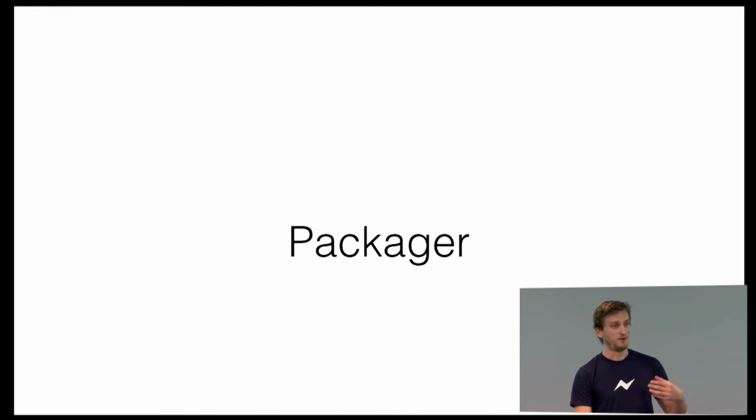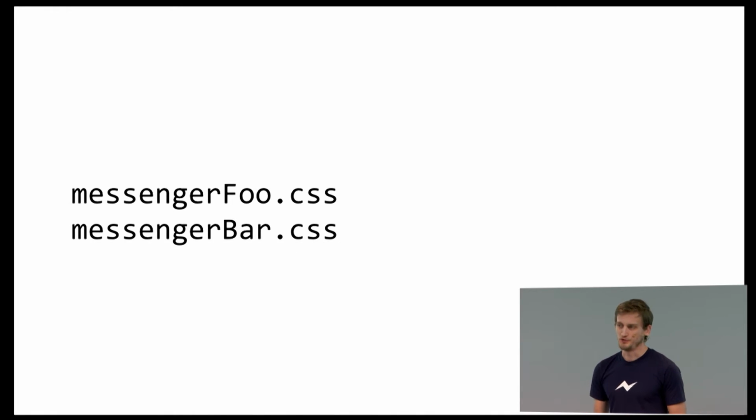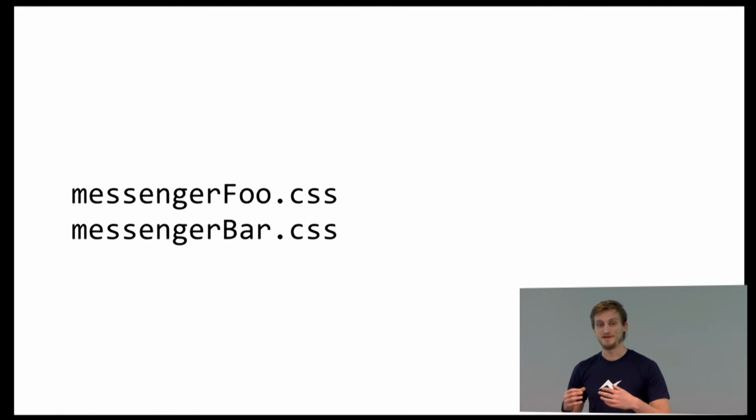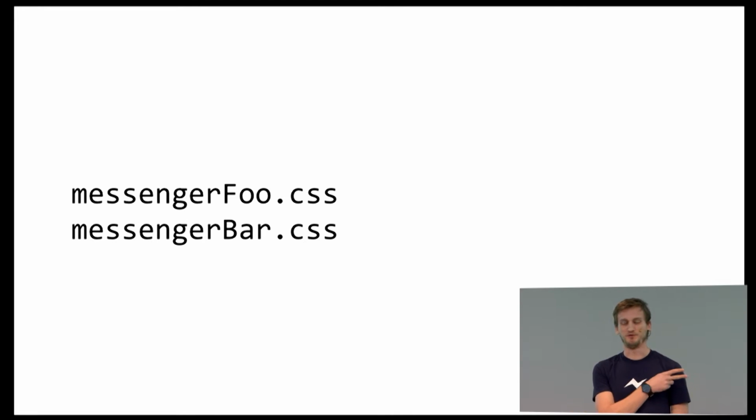So in our example, in our Messenger Foo React module, we were requiring these 2 files. And Packager will look at how the files are required, especially in combination, and it builds not a dependency graph, we do that at build step, it builds an optimization graph. It sees that whenever we require this one JavaScript module, we always require these 2 files.